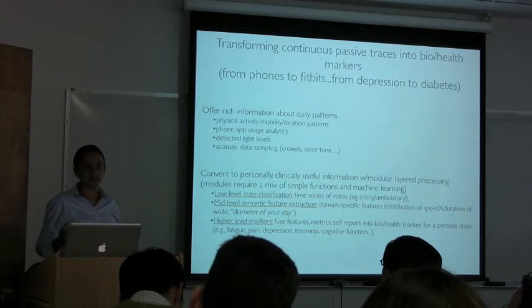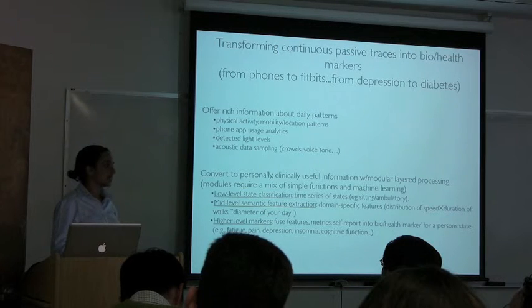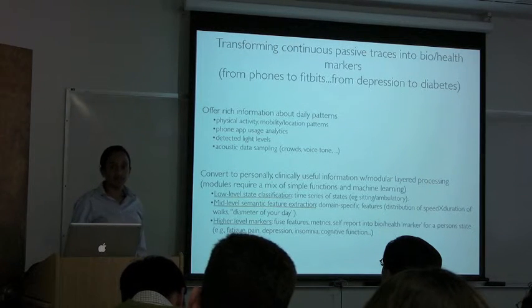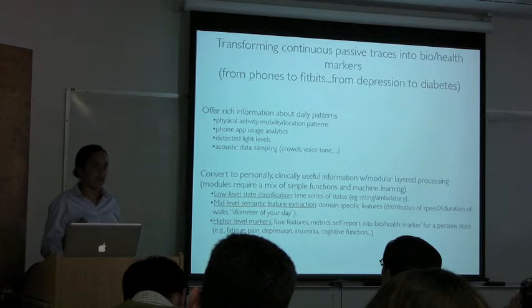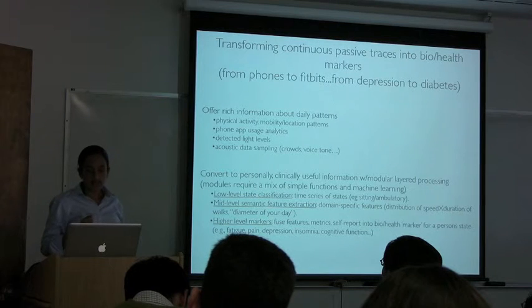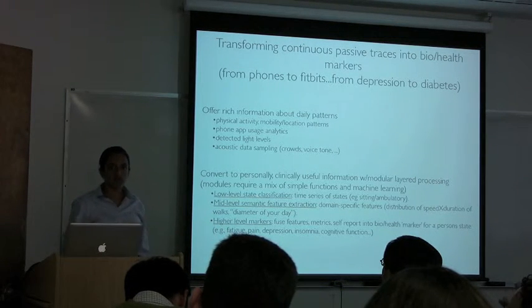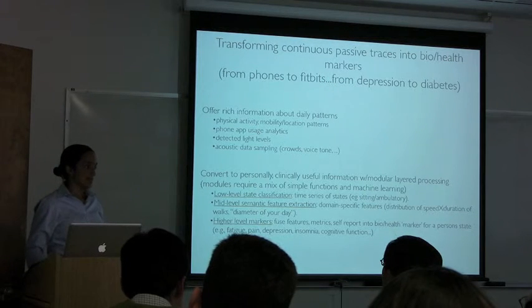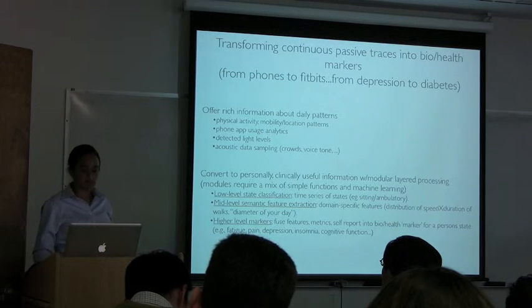If we're collecting actigraphy data, activity data, can we start analyzing it to figure out how often you get out during the day? What's the diameter of your life? How far do you get from your house? Can we start making sense of that and really thinking about markers for depression, for sedentism, and other aspects that really impact health?